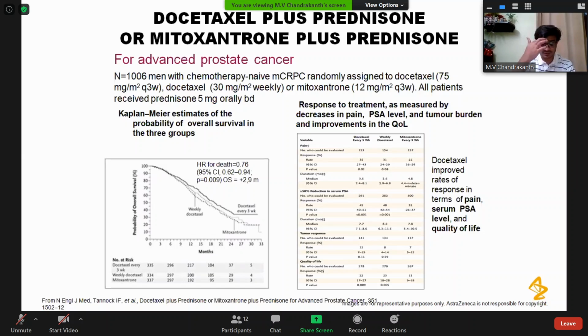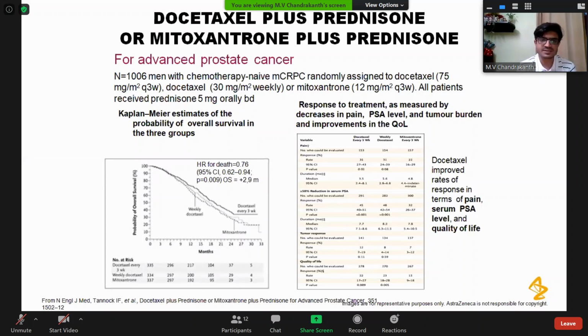Before that we had only androgen deprivation therapy as the standard of care, and then we had mitoxantrone, which improved the quality of life of patients. And then we had docetaxel challenging mitoxantrone. You can look into the endpoints of this: improvement in pain, serum PSA level improvement, and quality of life.